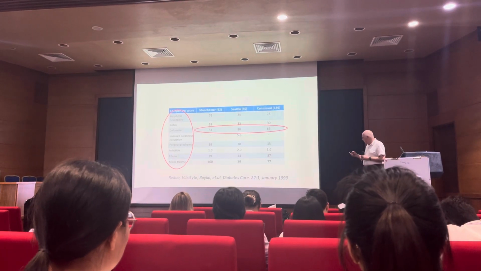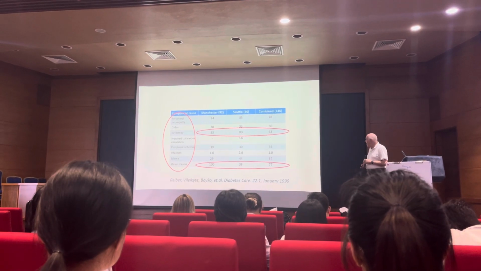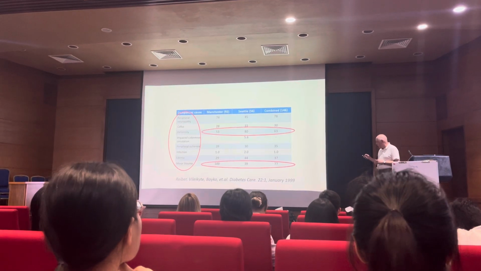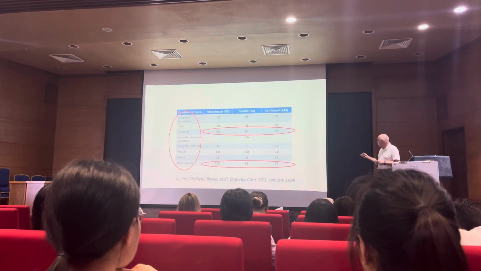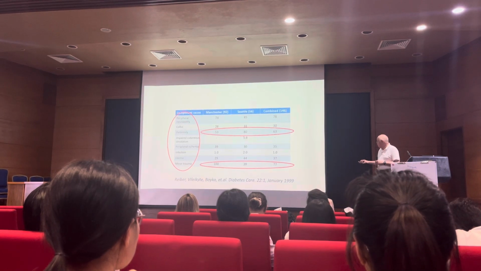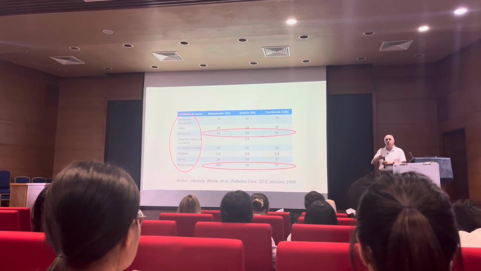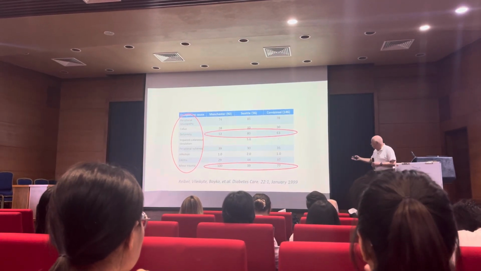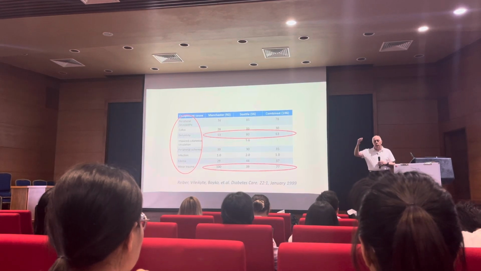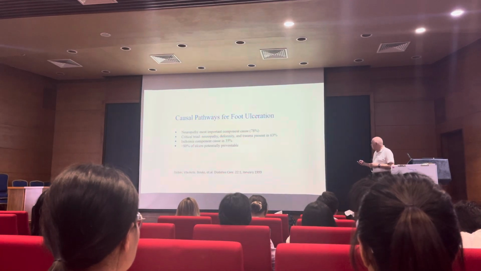In addition, the ones that had an ulceration also had, in addition to neuropathy, some type of foot deformity, 63%, or had minor trauma, again, almost 80%. So when you put two component causes together, you are now at a higher risk for ulceration and potential limb loss.